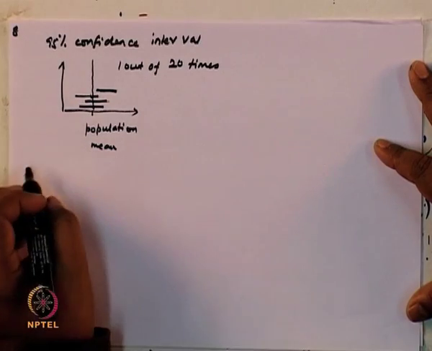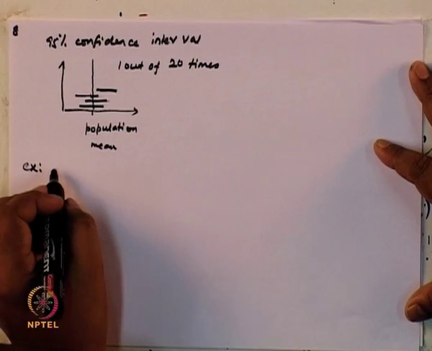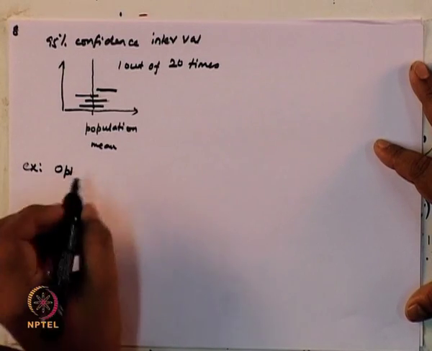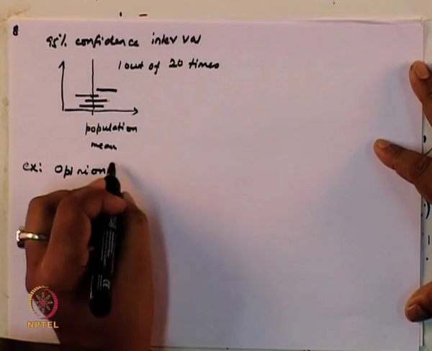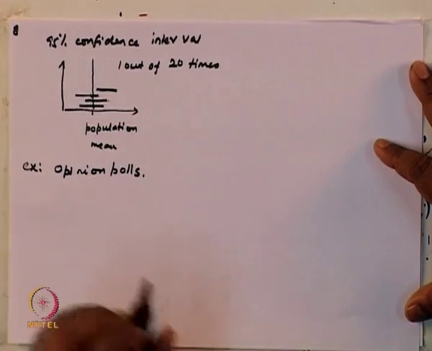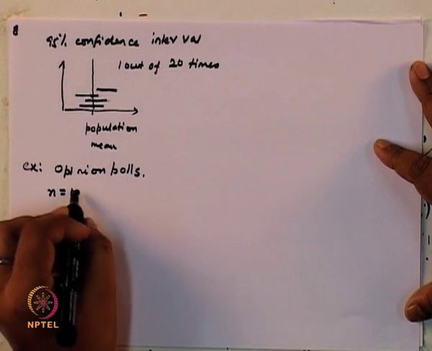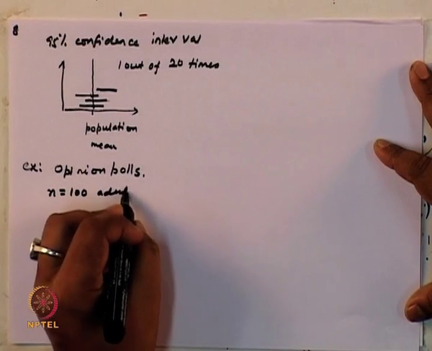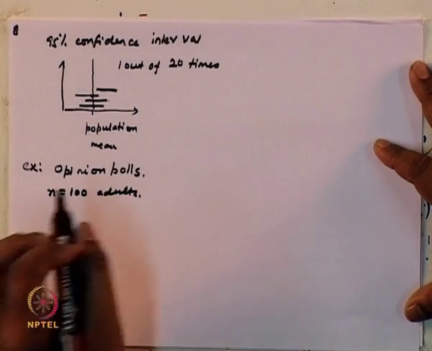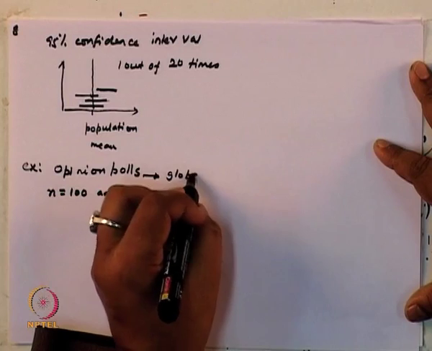Let us take another example. This is about opinion polls. Let us say you have taken a random sample of 100 adults, and this is an opinion poll about global warming.